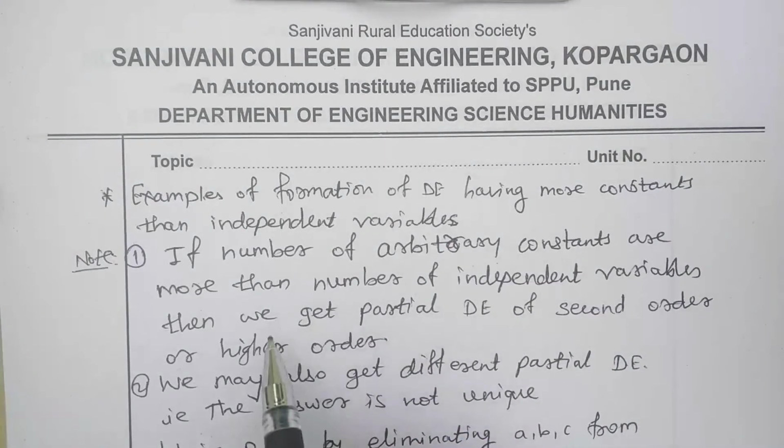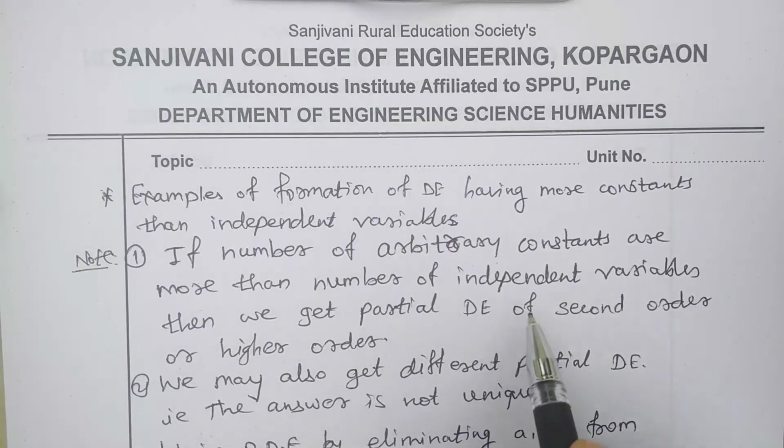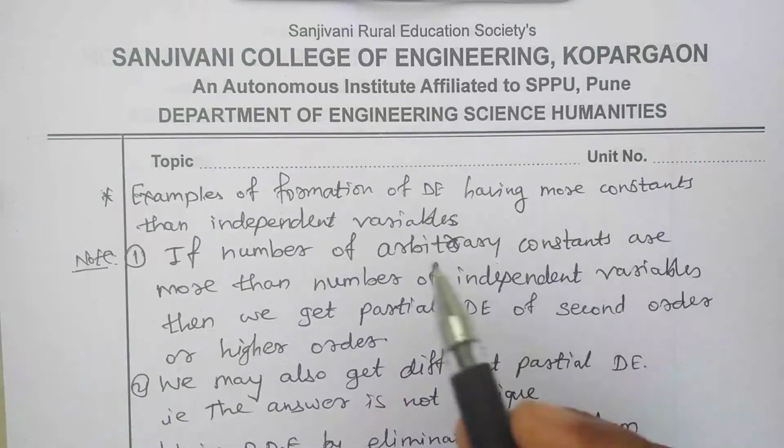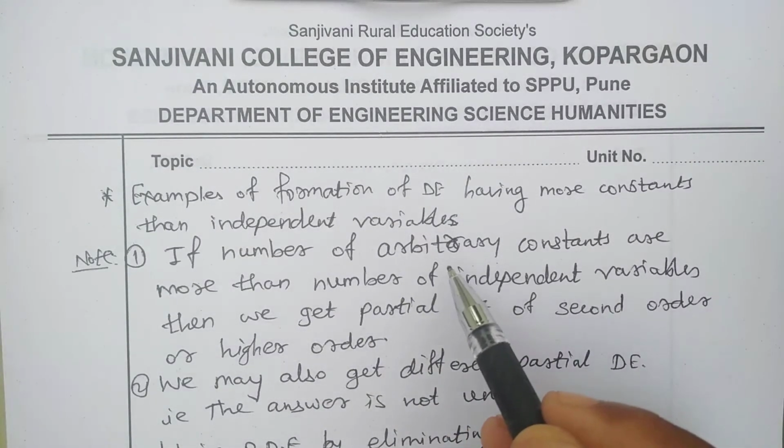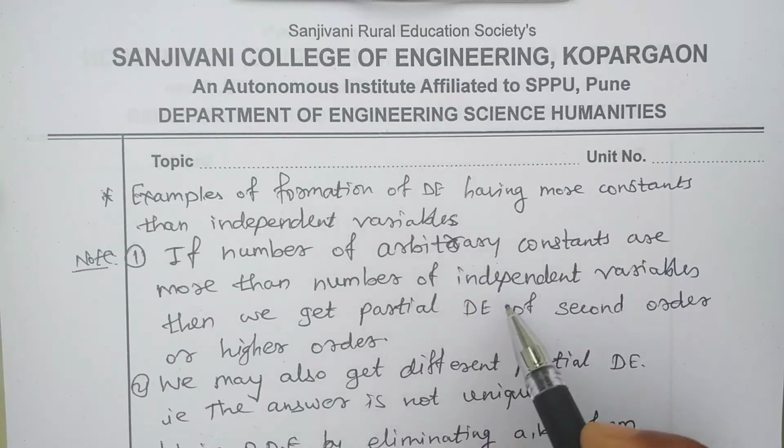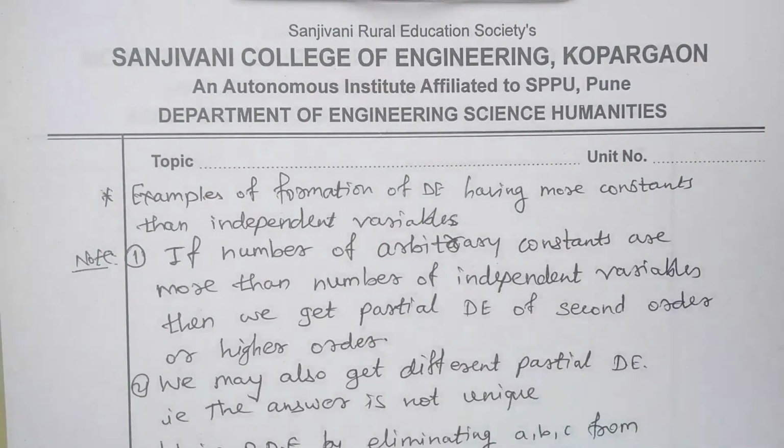Then we get a partial differential equation of second order or higher order. See, the number of arbitrary constants is 3 and the independent variables are 2 in this case, so we will get a partial differential equation of order 2 or higher order.